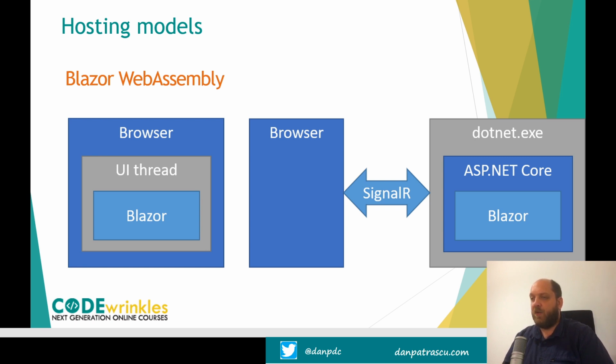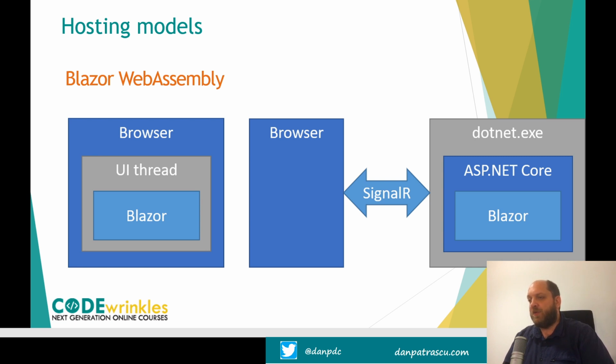In this server-side hosting model, basically between the browser, or between the front end and the back end, there is a SignalR connection, and every time you click a new button, for instance, in your Blazor application, what happens behind the scenes is that this event travels through this SignalR connection.